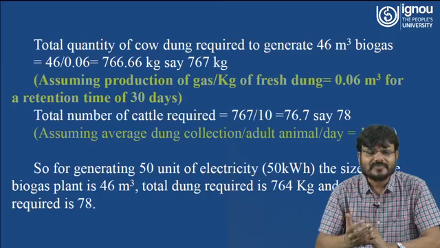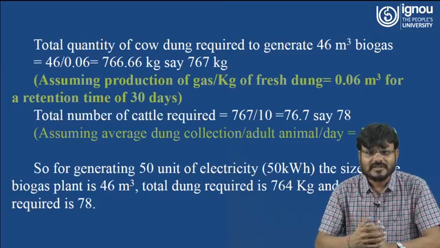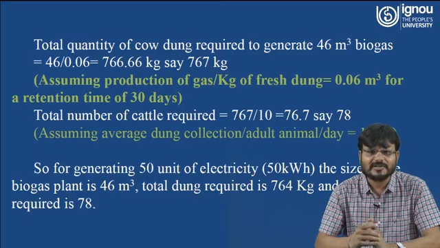Now how will you collect this 766 kilogram of cow dung? That means you need a number of animals. We are assuming that the average dung collection per adult animal per day is 10 kilogram. That means one animal per day gives 10 kilogram of cow dung.